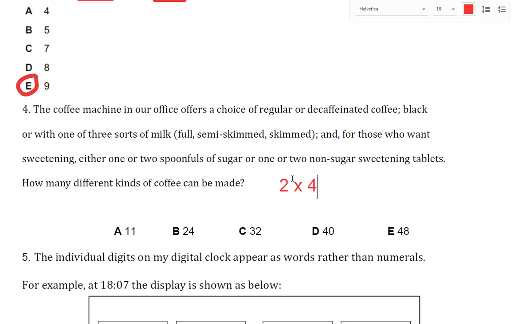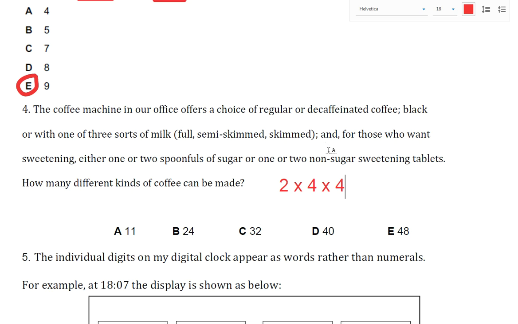So you have 2 times 4, black, and then the three sorts of milk. And for those who want sweetening, either 1 or 2 spoonfuls of sugar or 1 or 2 non-sugar sweetening. So in total, another 4 choices. And 2 times 4 times 4 equals 32. And most people go with that as the answer. So there's that many different types.